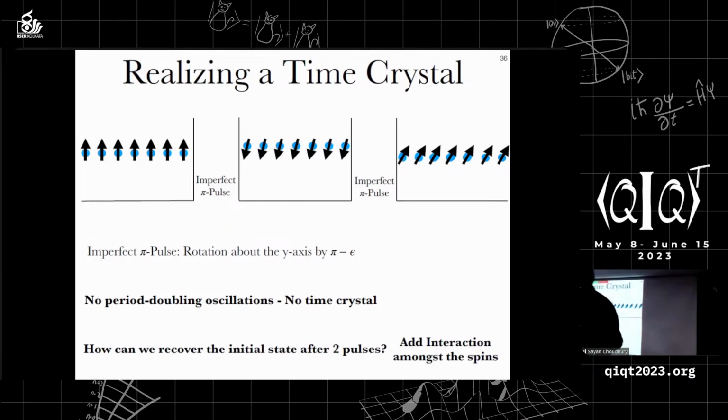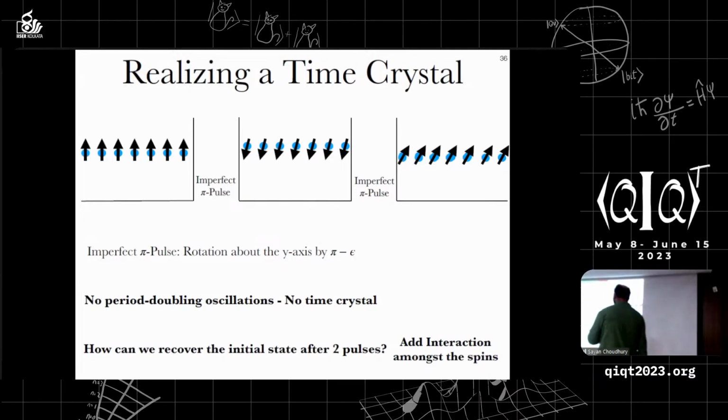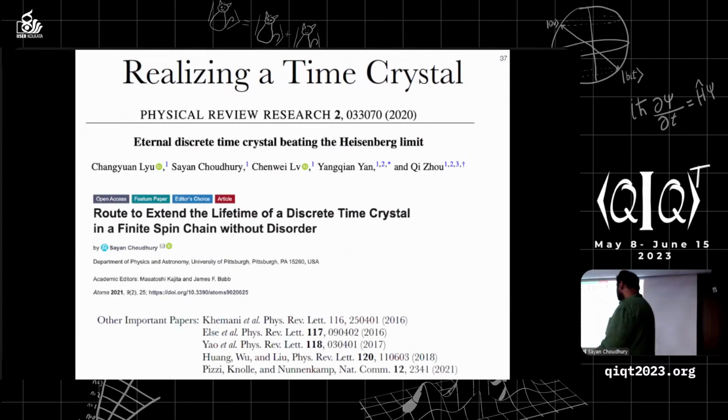So as you said, we want to add interaction amongst the spins, and we want to find a way such that the system can evade heating, at least up to some kind of exponentially long time scale. I'm going to talk about a particular way to evade heating in these systems.